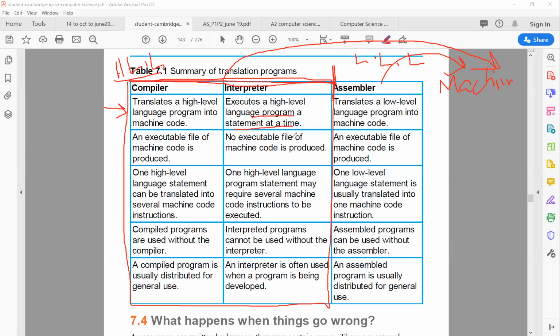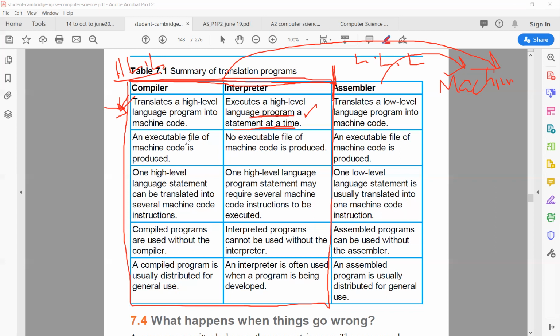So whenever there are errors in the program, the computer stops after each line. While in the compiler, the program shows the list of errors at the end. Whether there are 3, 4, or 5 errors in your program, that list will be shown at the end. While the interpreter will show you as soon as it has converted a line into the machine code.